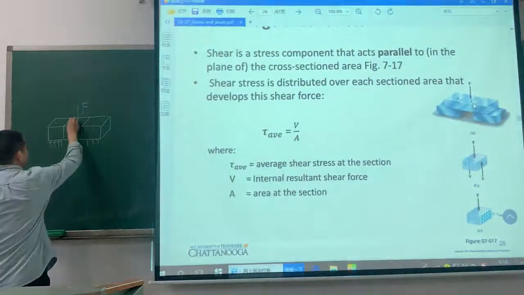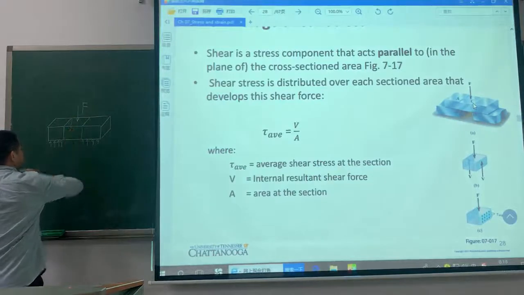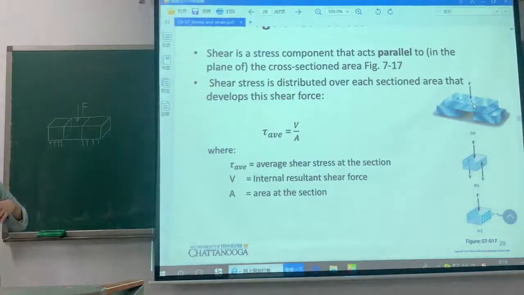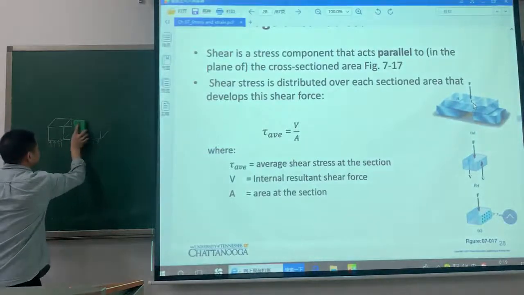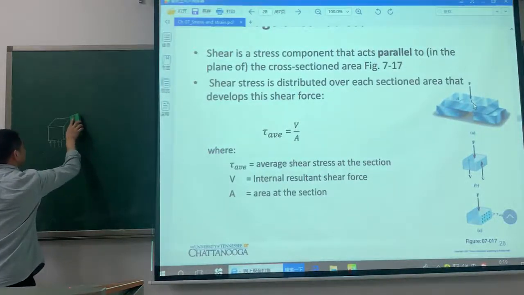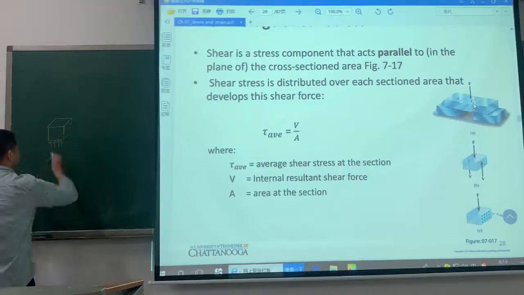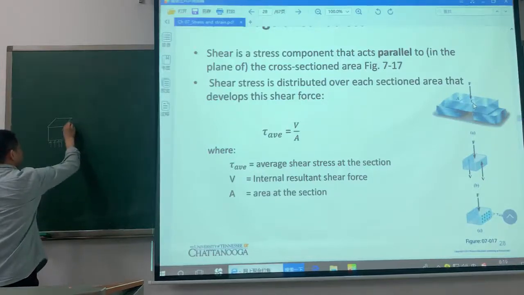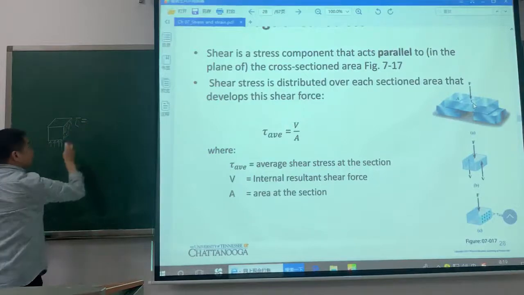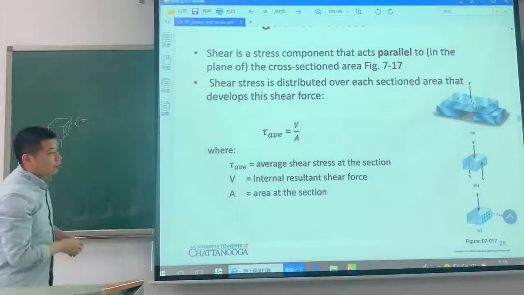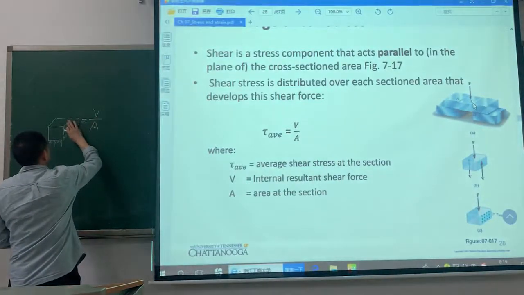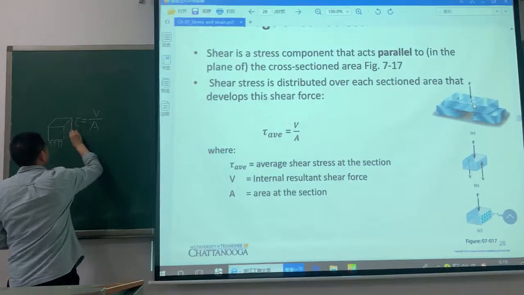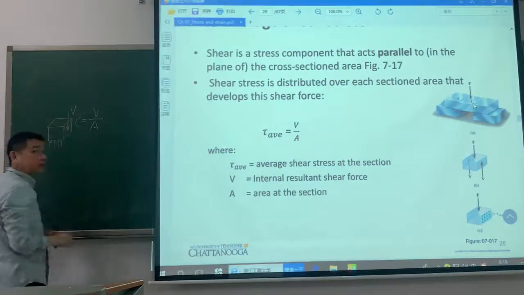So let's calculate. On the surface, there is tau equal to V over A, because the resultant of this stress must be V. Yes or no?